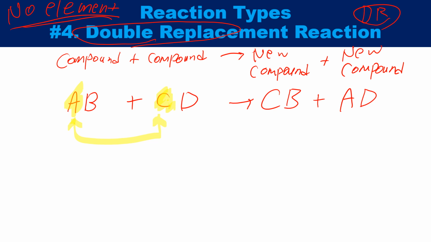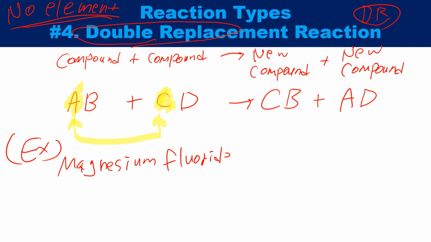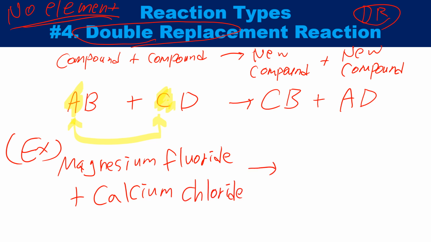So a quick example of that can be, let's say I have magnesium fluoride and calcium chloride. Imagine I have these two ionic compounds.